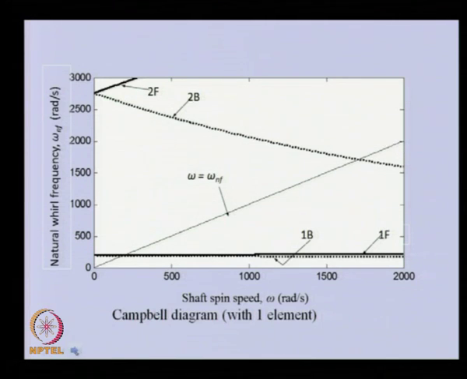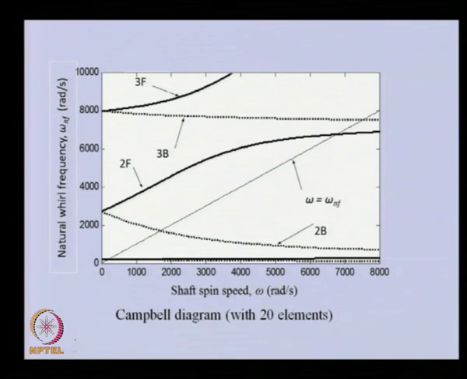But if we obtain the same thing for more elements, because we can divide the shaft into more elements, we can get the natural frequencies more accurately. The lower one corresponds to the first forward and backward whirl, and this corresponds to the second one.